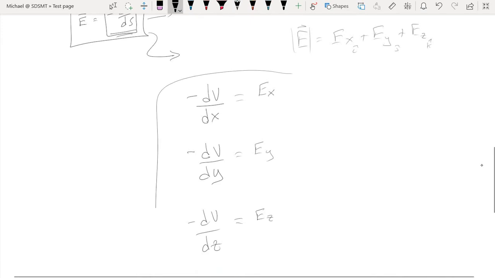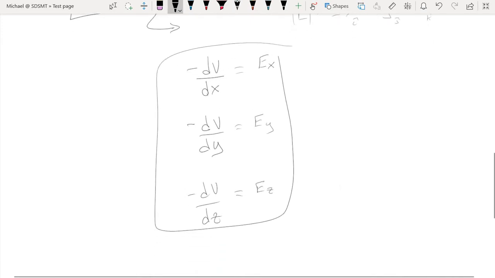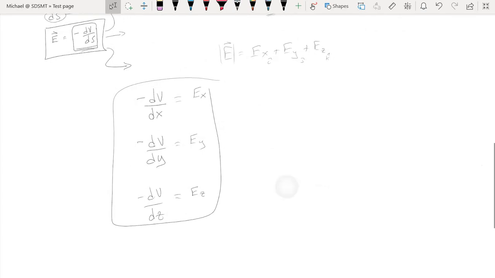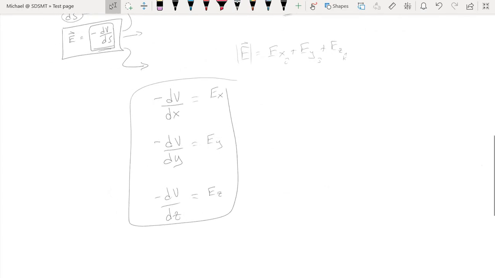But this is not the appropriate representation for these derivatives. What we need to do is rewrite these expressions so that a person knows that we are only taking the derivative with respect to one variable at a time.